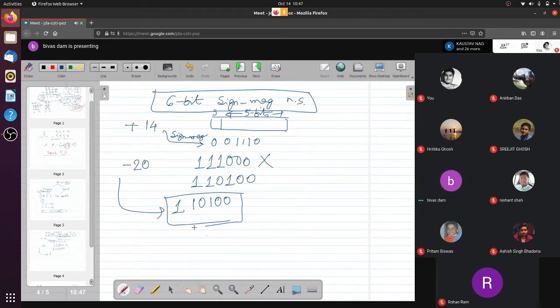We are quite happy with the unsigned number. Why are you going for the signed number system? Sir, they permit us to represent negative numbers. No, why was that required? Anybody else?